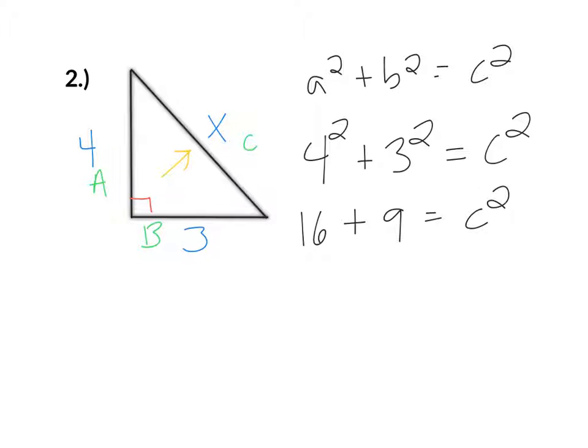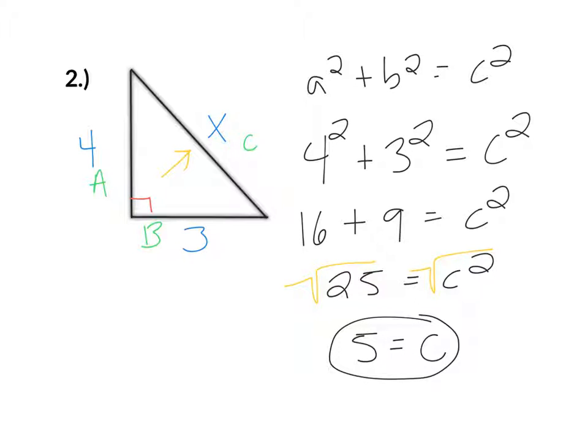Adding these two together, 16 plus 9, we get 25, which gets us c squared. Finally, our last step here, since we have everything on the right side and c squared is by itself, we have to do the opposite, which is the square root, to get that c equals 5. So once again, please circle your answer and make sure that you have it down on your paper.